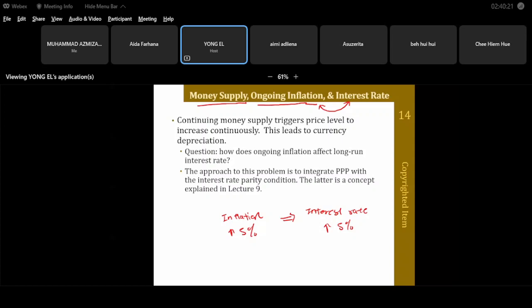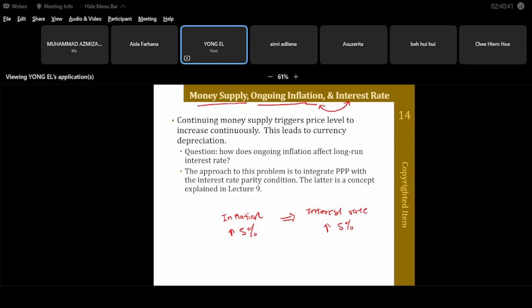That is the situation because we are experiencing inflation. So the step taken by the central bank is to raise the interest rate in order to offset the impact of inflation that reduces our purchasing power.